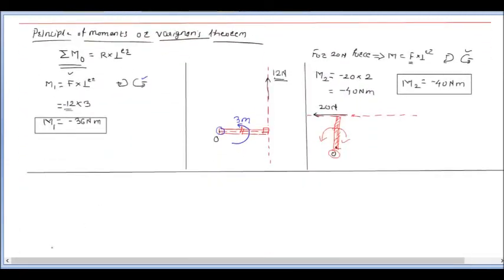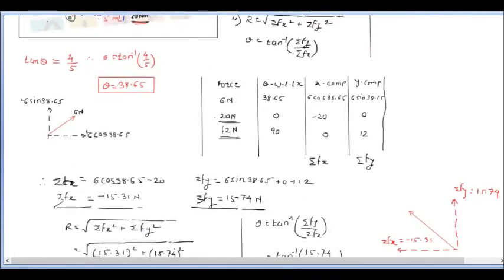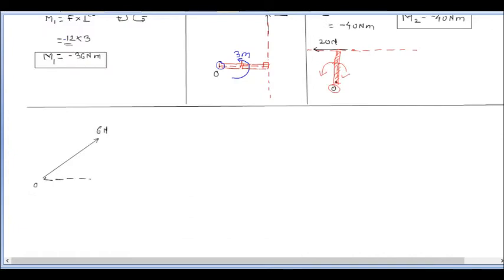This is our point O, and at this point only is the 6 Newton force, and its inclination we have also calculated as 38.65 degrees with respect to the x-axis. Now to calculate this moment, suppose this is M3, and as we said, it is force into perpendicular distance, and the sign convention we will assign using this.